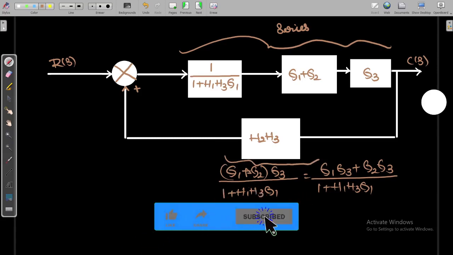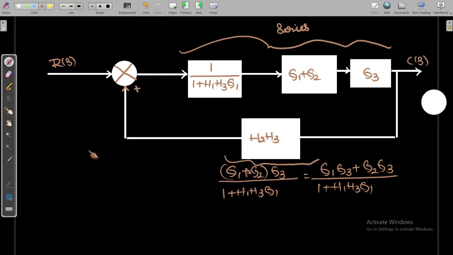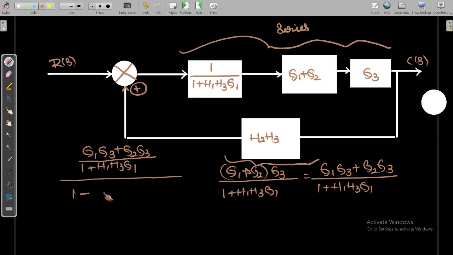If you take that as a feedback: G1 G3 plus G2 G3 whole divided by 1 plus H1 H3 G1, whole divided by 1 minus, because it is having a plus sign here, 1 minus the whole thing G1 G3 plus G2 G3 whole divided by 1 plus H1 H3 G1, into the answer H2 H3.